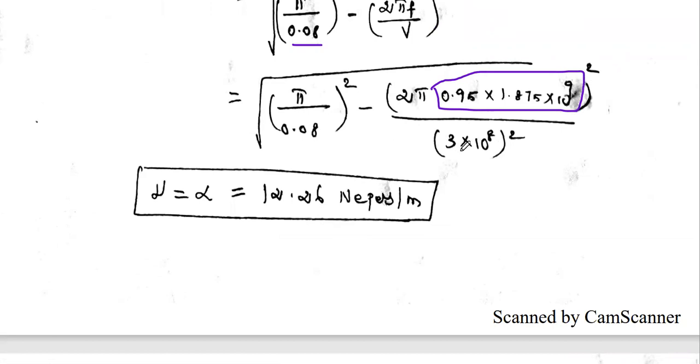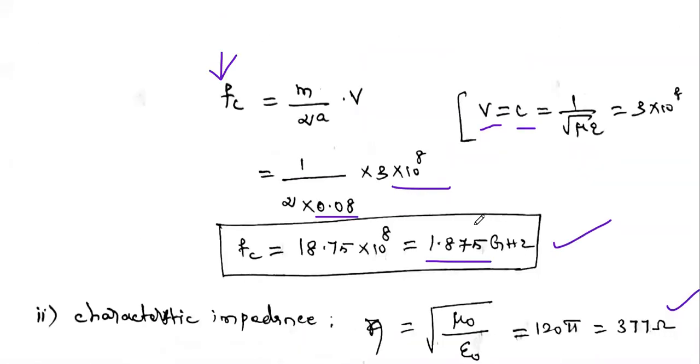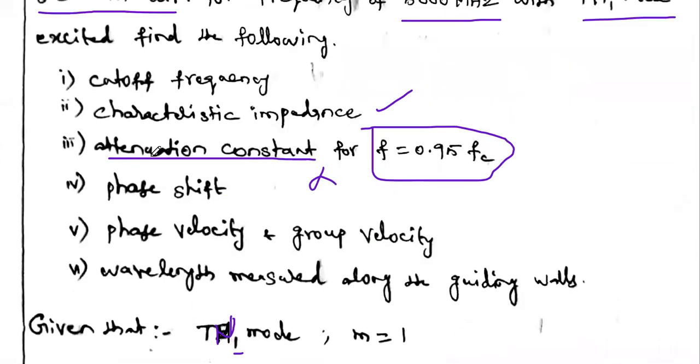The whole square divided by this, you may get the answer 12.26. So the propagation constant becomes a real quantity, and this real part is the attenuation constant alpha. The unit is Nepers per meter. So for the third question, we calculated the attenuation constant.